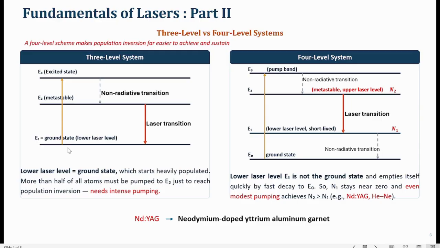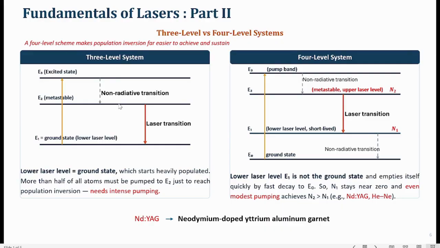So after absorbing photons by the pumping process, the atoms of the active medium will be raised to level E3, and since the lifetime here is small, of the order of 10 raised to the power minus 8 seconds, these excited atoms will decay to the metastable state through non-radiative transition. So there will be no laser emission, no light emission during this decay.